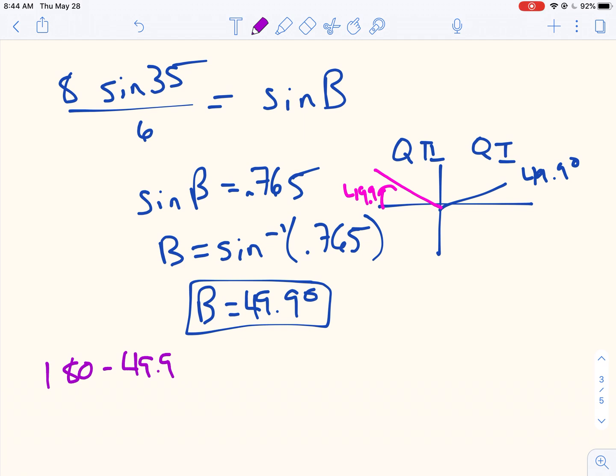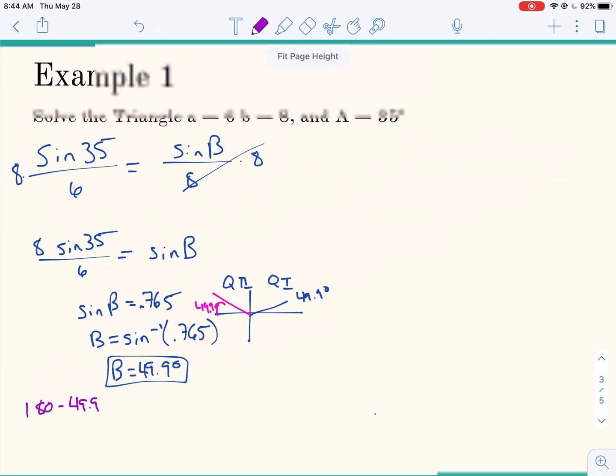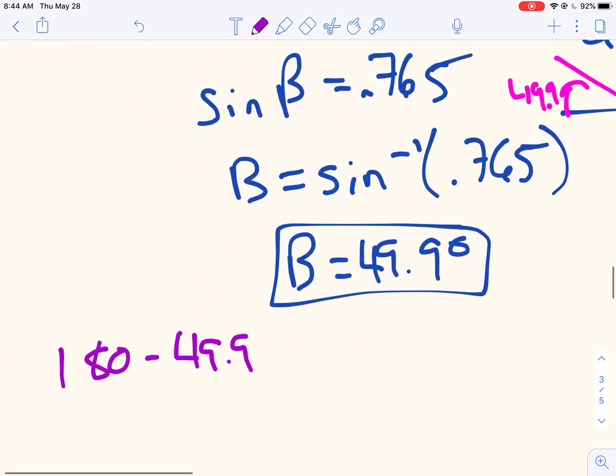It's why I need to go through and see if there's a second angle, because since sine is positive in quadrant 1 and 2, and quadrant 2 are angles less than 180 degrees, that means I could totally have an angle which falls in quadrant 2 that's not being reported to me. So I have to figure out, okay, maybe there's two triangles that work here. So I do 180 minus 49.9, and I find that that is a 130.1 degree angle.